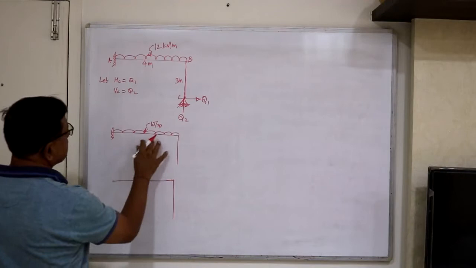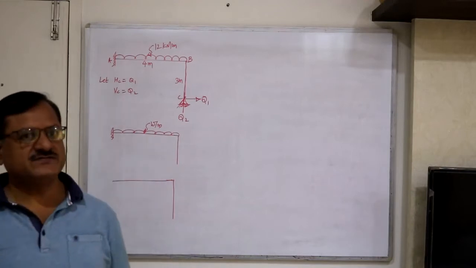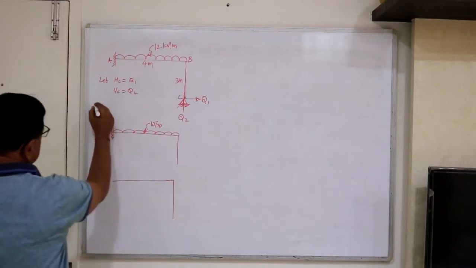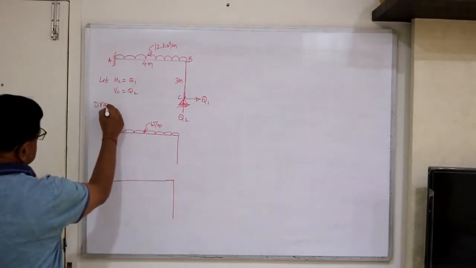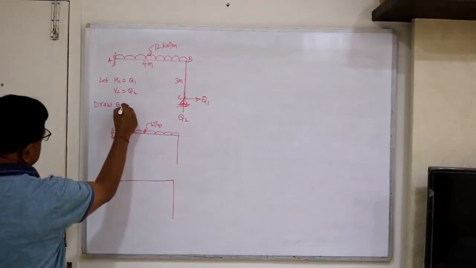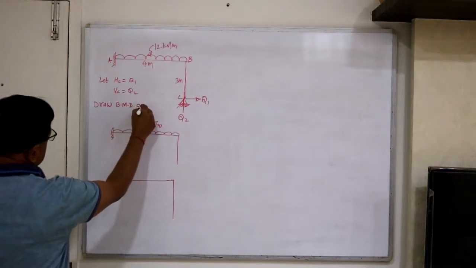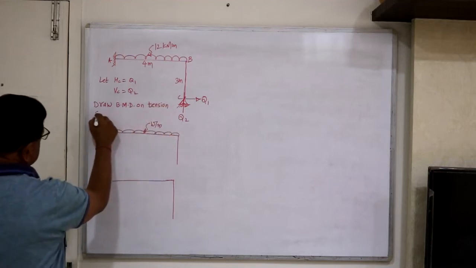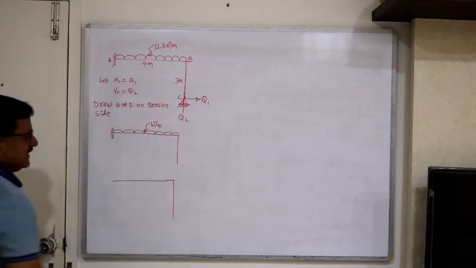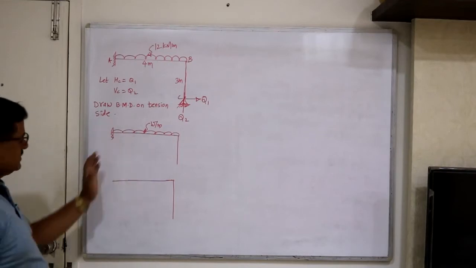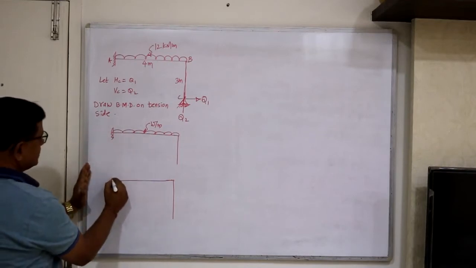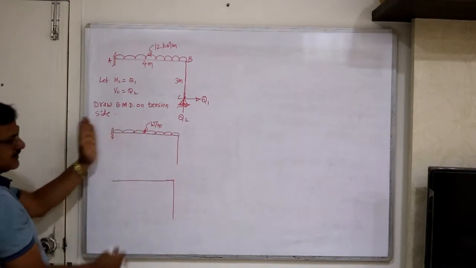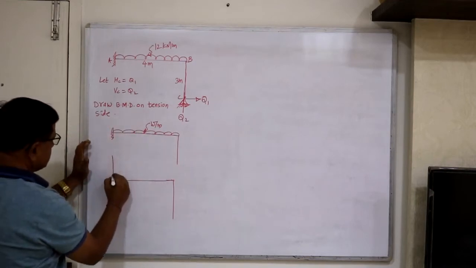In case of frames, what we do is draw the BMD on the tension side. Because this is hogging, this is a fixed support, so it causes tension upward. So draw the BMD on the tension side.